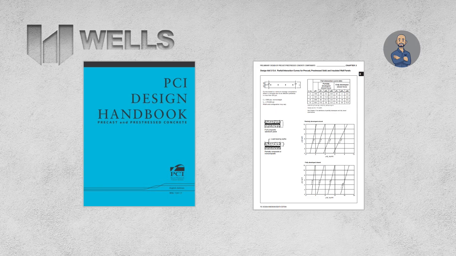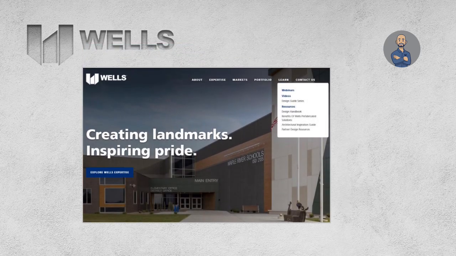In the early stages of selecting wall panel sizes, it is best to reference the design aids in the PCI manual. That information will help you better understand the capacity ranges of various panel types. Another useful source is the Wells website, which expands on many of the specifications and features of precast wall panels under the Learn tab.